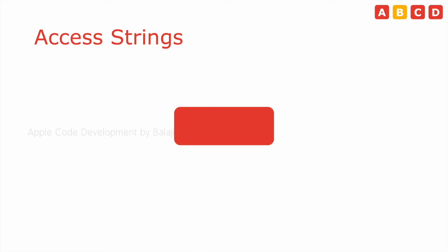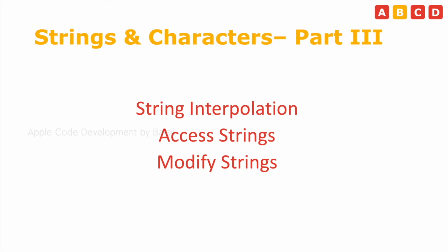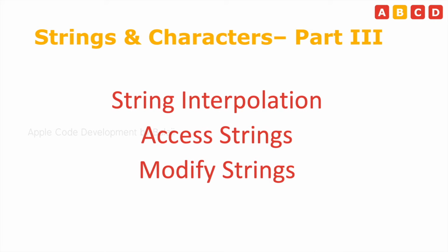We can access each character, which is the letter, in strings using the index. The seventh topic is modify strings. We can also modify the characters in strings. We will see all these topics in a very detailed manner, so don't skip the video until the end.